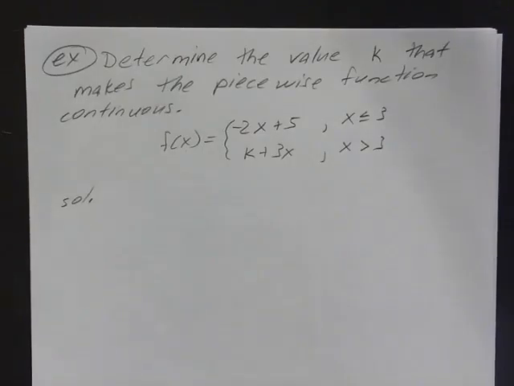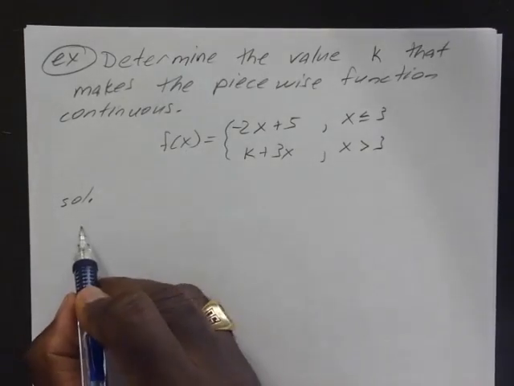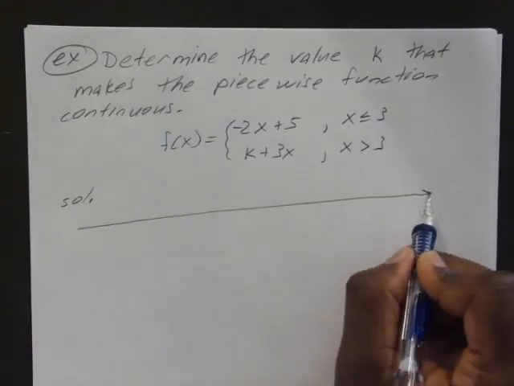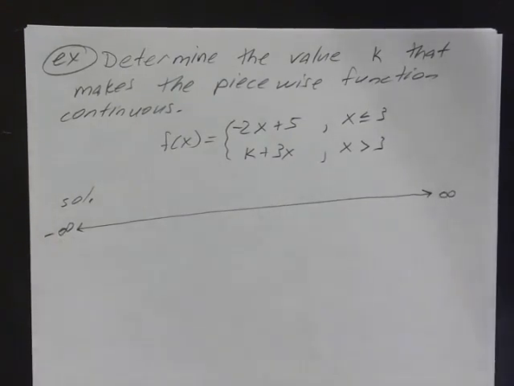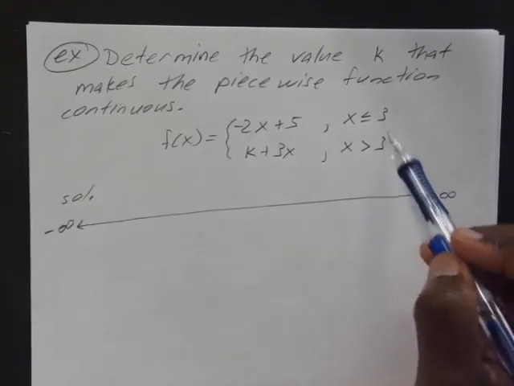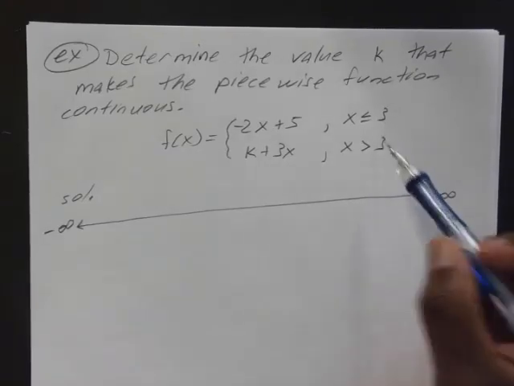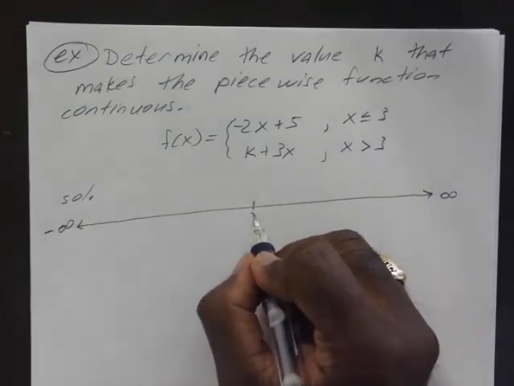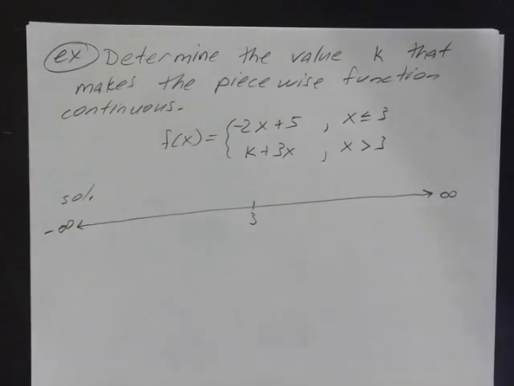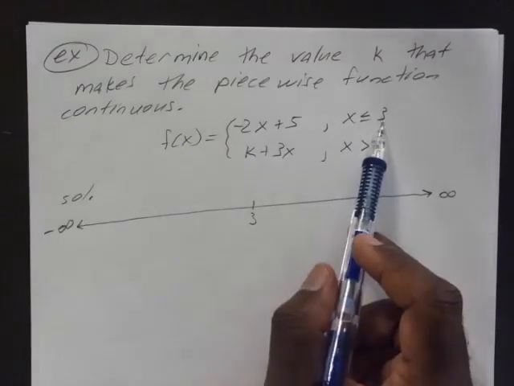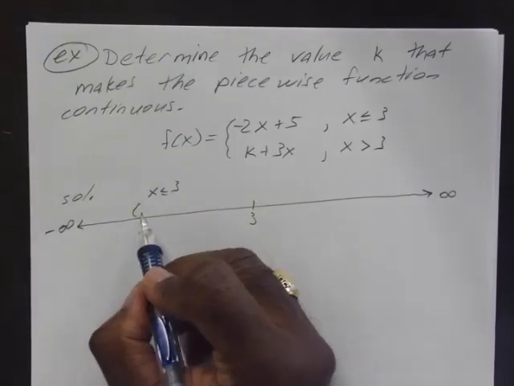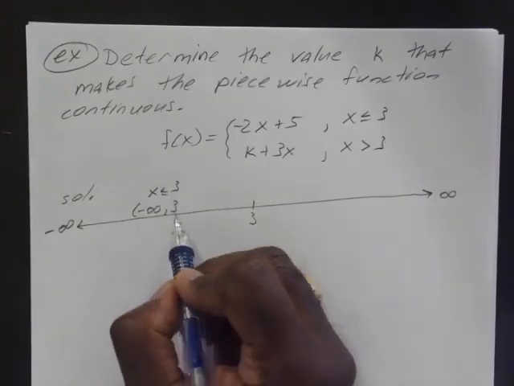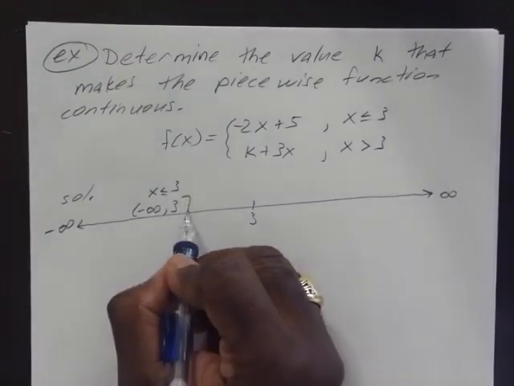Okay. So again, first thing I always do, I draw the number line out. Like I said, all it does is organize all this information. It's not necessary, but it's very helpful. And we can see here our boundary point is just 3. So we don't have to do all the other writing. Okay. So we have x is less than or equal to 3, which is the interval from negative infinity to 3. And because it's less than or equal to, we know we're going to have a bracket.